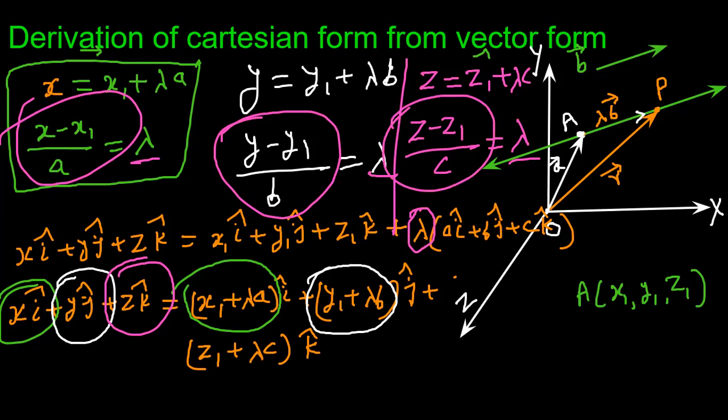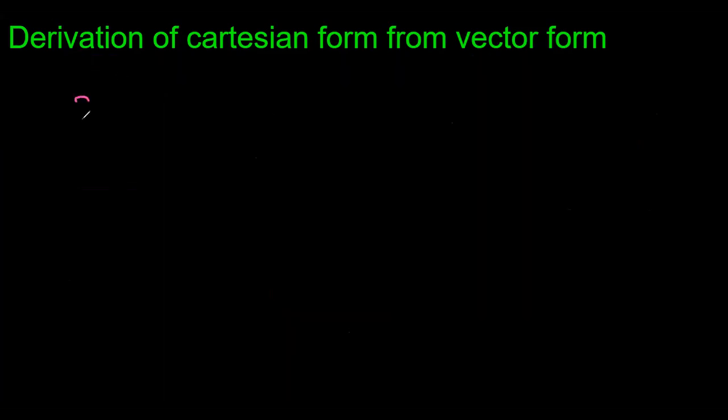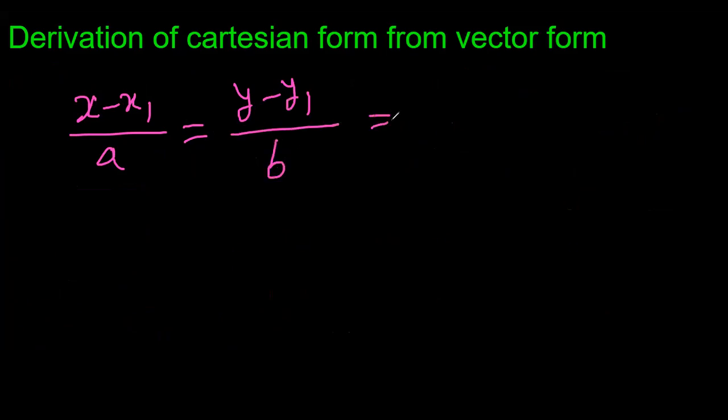So what we are going to write is, in Cartesian form, x minus x1 over a is equal to y minus y1 over b is equal to z minus z1 over c.